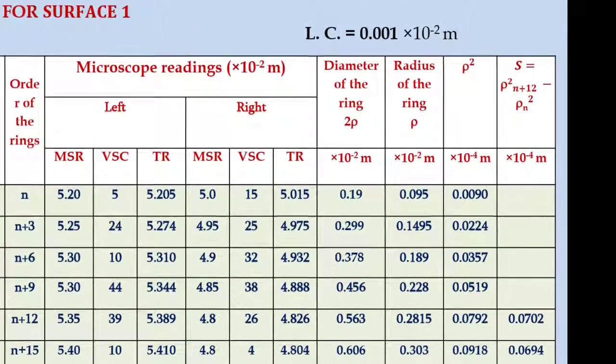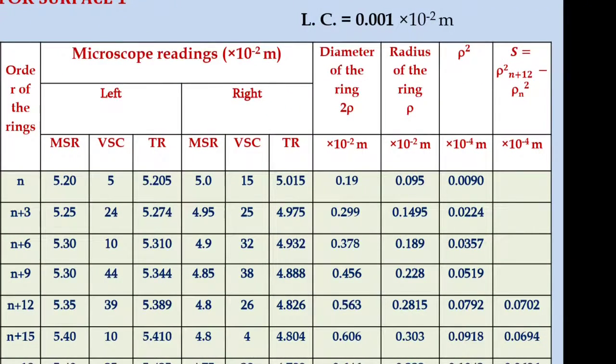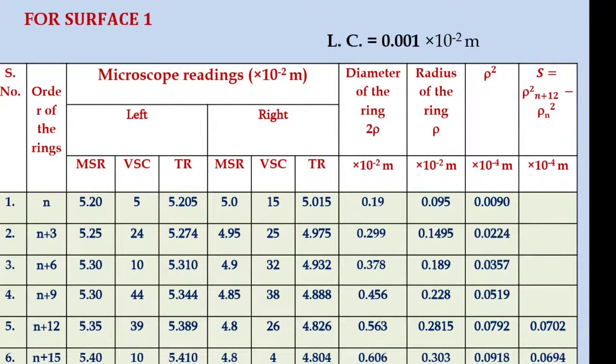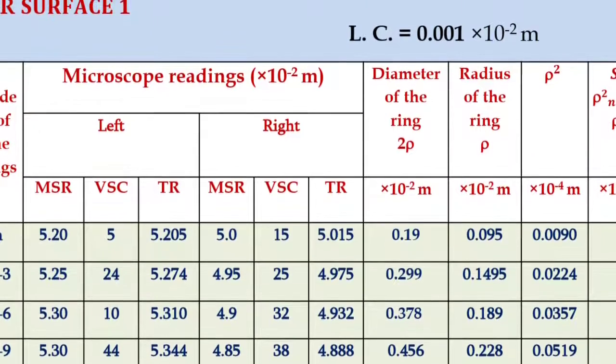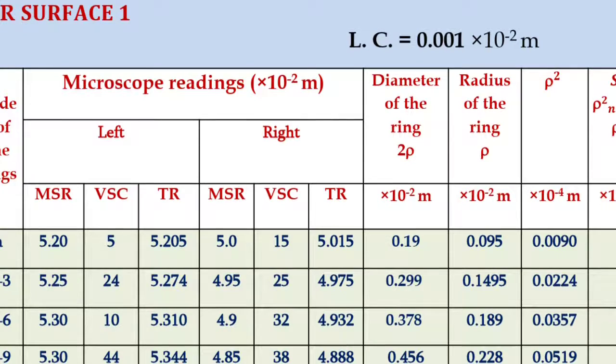I mean for the readings on the right side of the ring. Then let us find the diameter of the ring. The diameter of the ring is found by subtracting the right reading from the left reading. For the first nth reading, the diameter 2 rho is obtained by subtracting 5.205 minus 5.015.